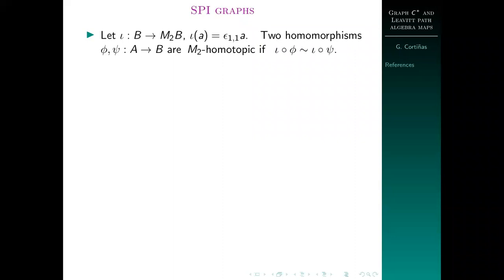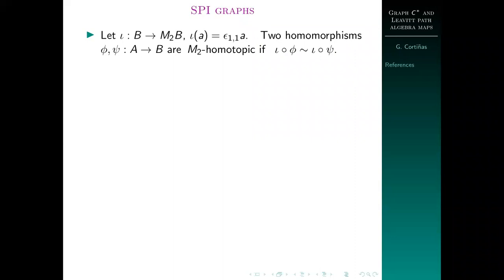So let me introduce some notation. I will call iota the map from the inclusion of an algebra B into the upper left-hand corner of the 2x2 matrices. And I will say that two algebra homomorphisms, phi and psi, are M2 homotopic if they become homotopic upon composing them with iota.